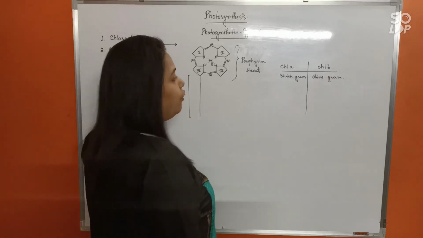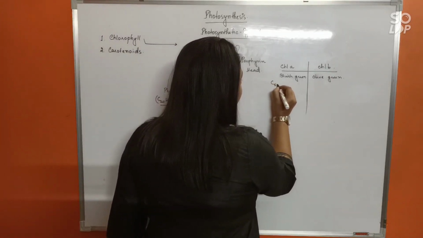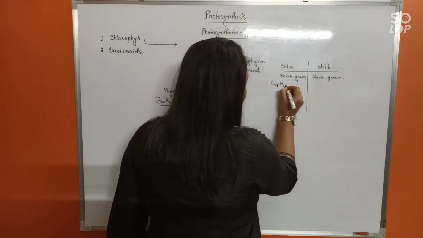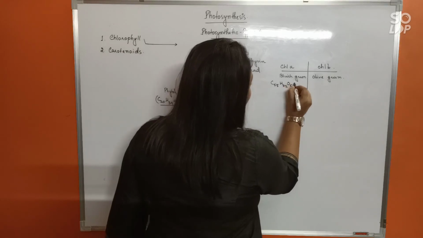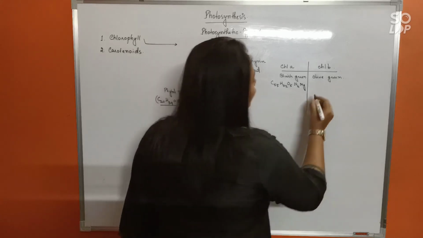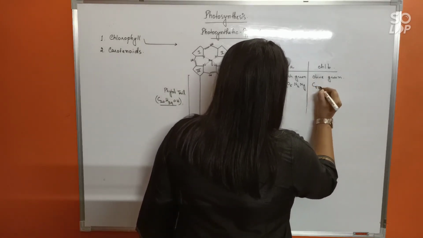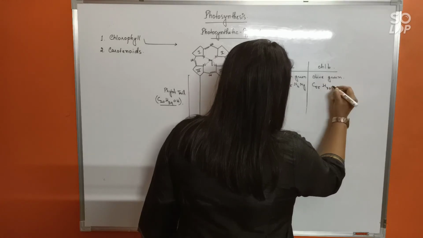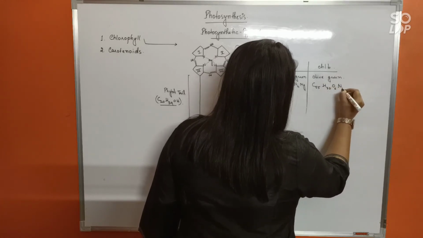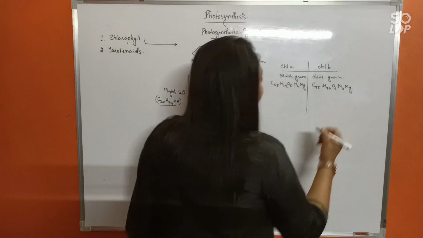Chlorophyll A has the formula C55H72O5N4Mg, whereas for chlorophyll B it is C55H70O6N4Mg.